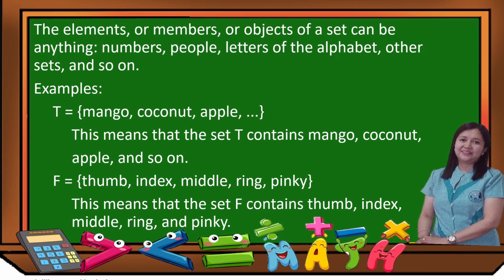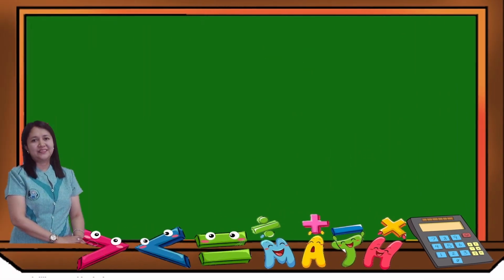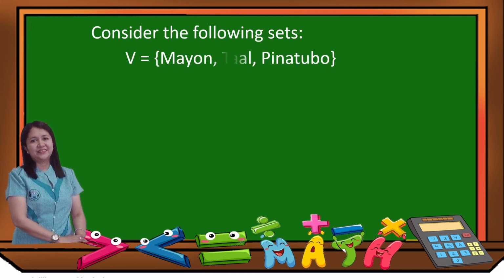Good, so that is set of fingers. Consider the following sets. Set V. The elements are Mayon, Taal, Pinatubo. Class, what are those elements? Yes, correct.